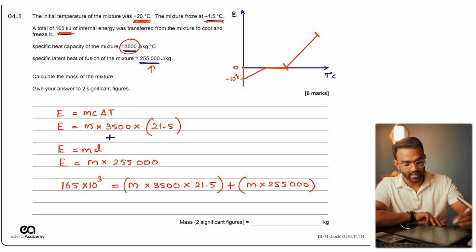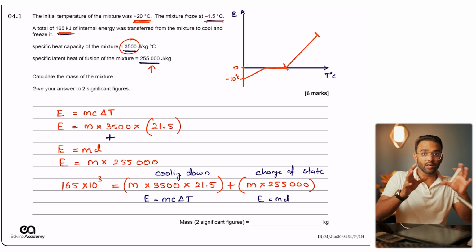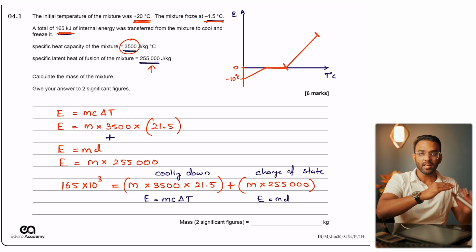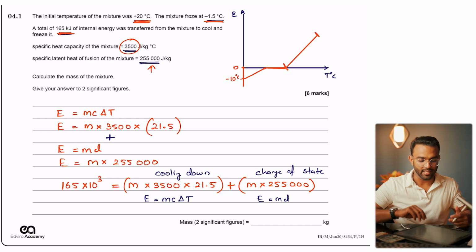So this is cooling down, and this is change of state. This is E equals mc delta T, and this is E equals ml. All right, when you have a change of state, first it needs to cool down and then change state, correct? So we have both energies coming together.